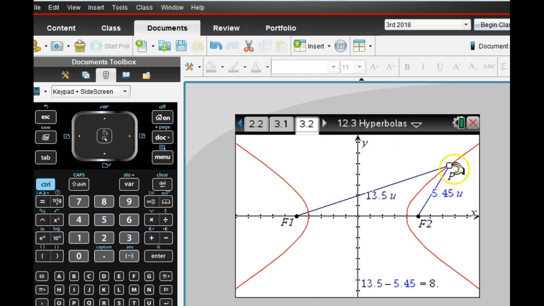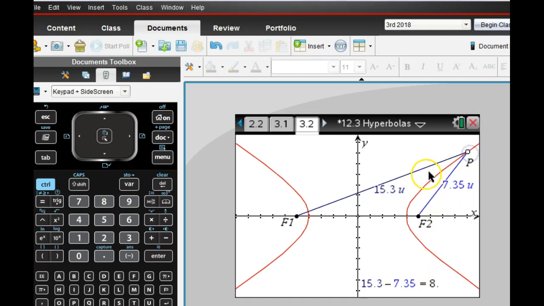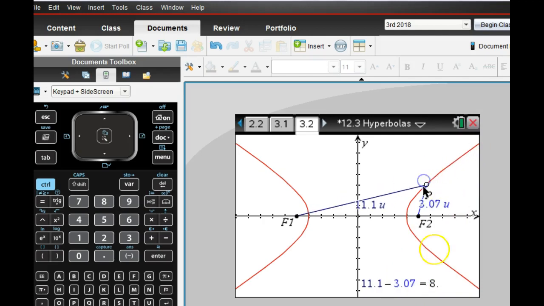So the definition is that the difference matters: if I take a point on the hyperbola, measure to focus 1, it's about 13.5, measure to focus 2, it's 5.4, and if I subtract the two, it's about 8. If I move this, it's a little longer there, 15.3 and 7.3, subtract it, it's about 8. It doesn't matter where I move this, the difference is about 8 every time. So that's the definition of a hyperbola.